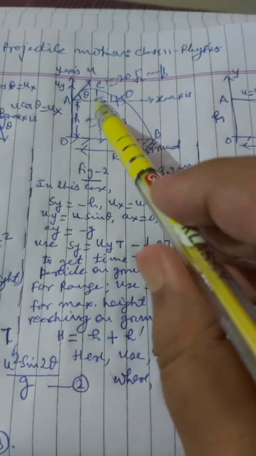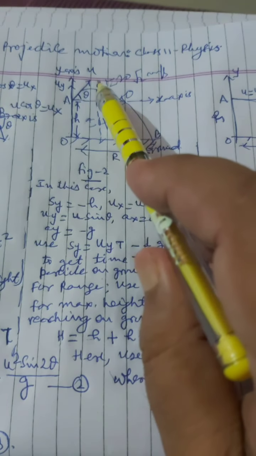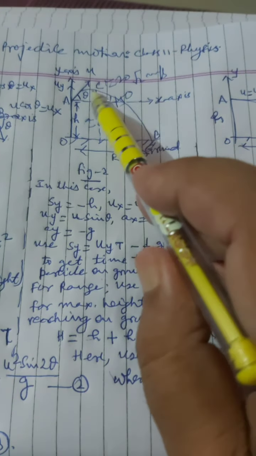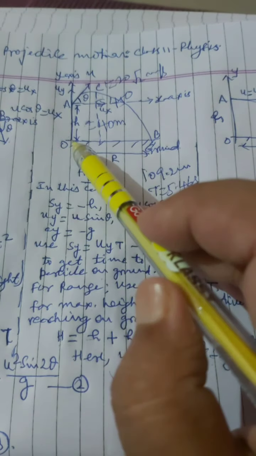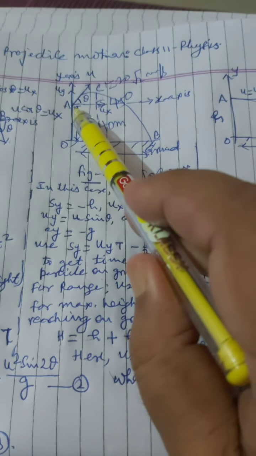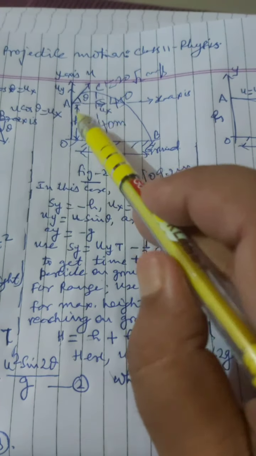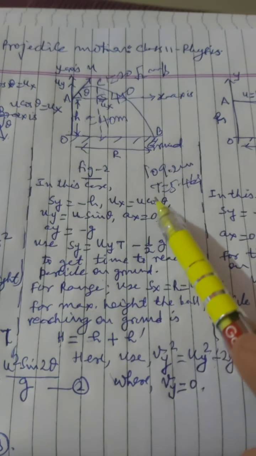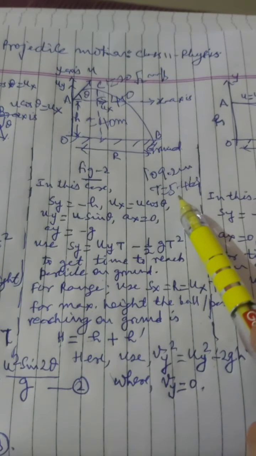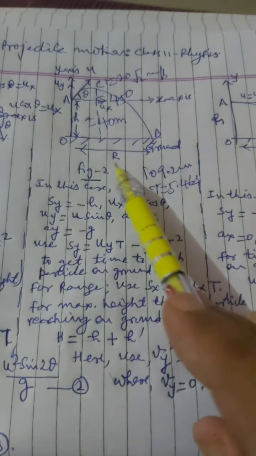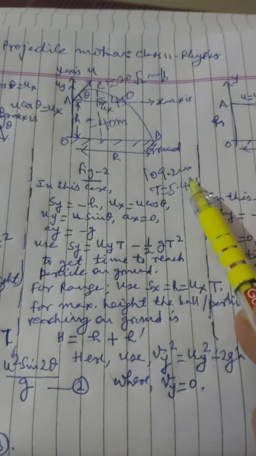Once again I repeat, if the initial speed given is 20 root 2 meter per second and the tower height is 40 meter, and the particle is thrown from A with this velocity making an angle of 45 degree, then you can calculate the time of flight. The answer is 5.46 second and range OB is equal to 109.2 meter.